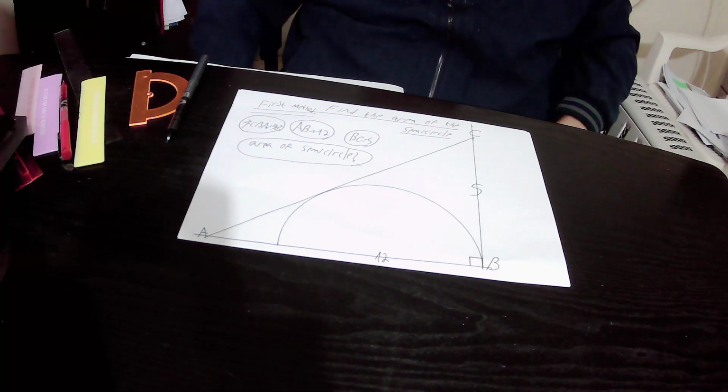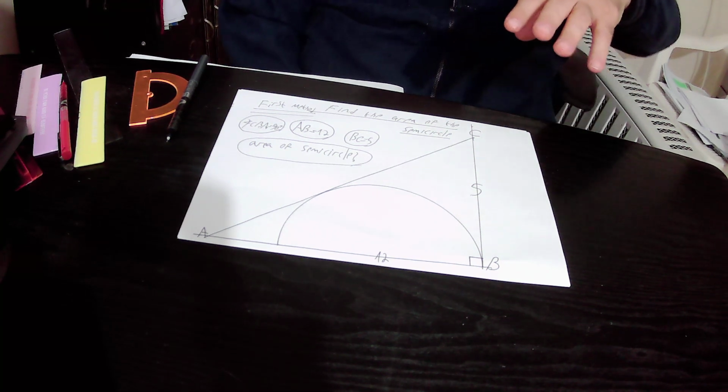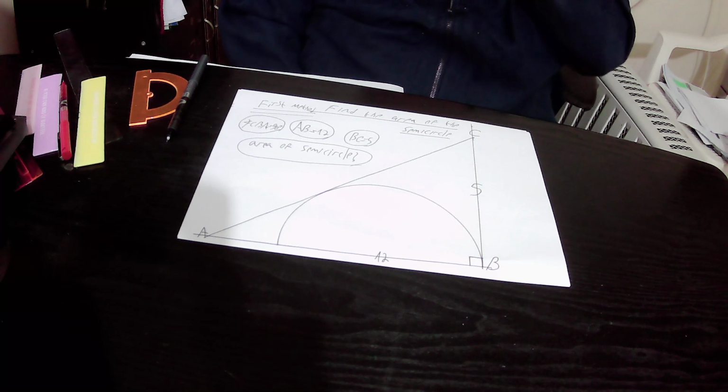In the drawing we have the right triangle, triangle ABC.